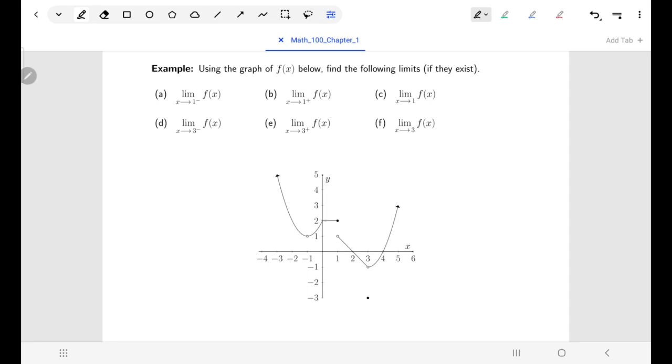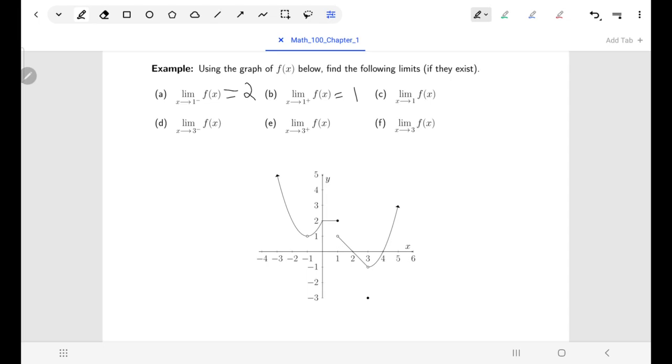Our y values are actually all 2, so as we're approaching 1 from the left, the limit is 2. But on the other hand, as we're approaching 1 from the right, so here's 1, and approaching it from the right, as we're making our way close to 1 from the right side of things, the y values are getting closer and closer to 1.